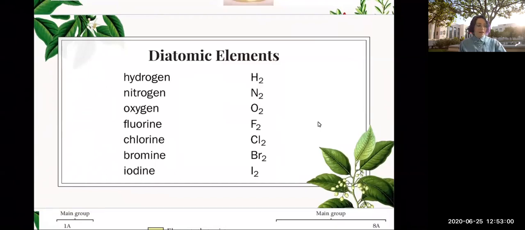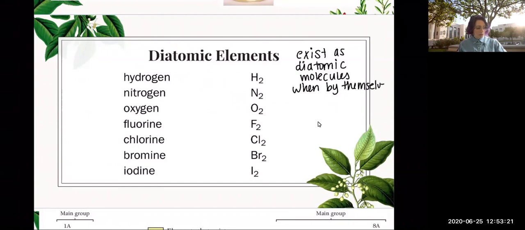That means that they exist like this when they're by themselves. They exist as diatomic molecules when they're not bonded with anybody else. Not bonded to anything else.